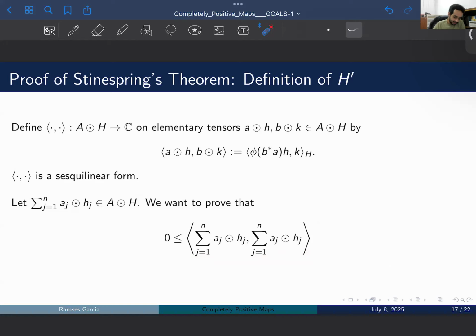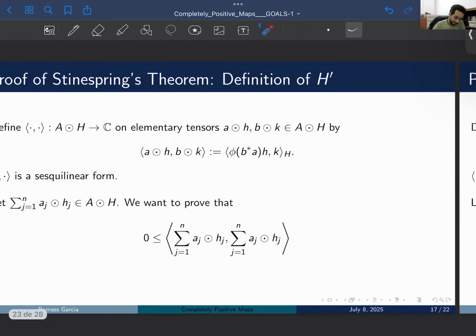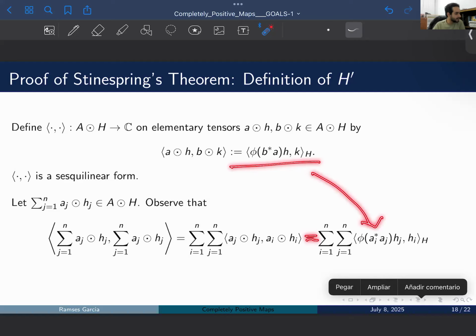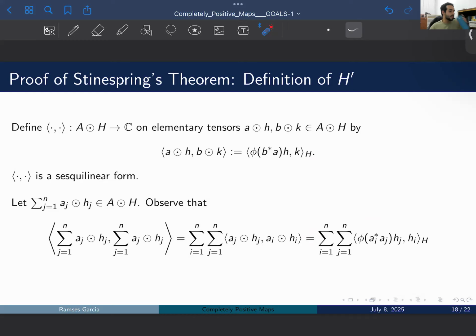So let's just write down what this is. By linearity, we can write the sums outside the form. And then in this equality, we use the definition of the form. So we haven't done anything special at the moment.